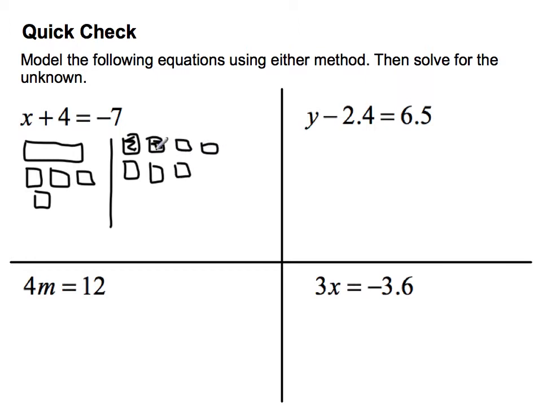Okay, and these are all blacks because they're negatives. The whole idea is to get this variable tile by itself, so I have to get rid of these 4 positives. So I zero them out with 4 negatives.